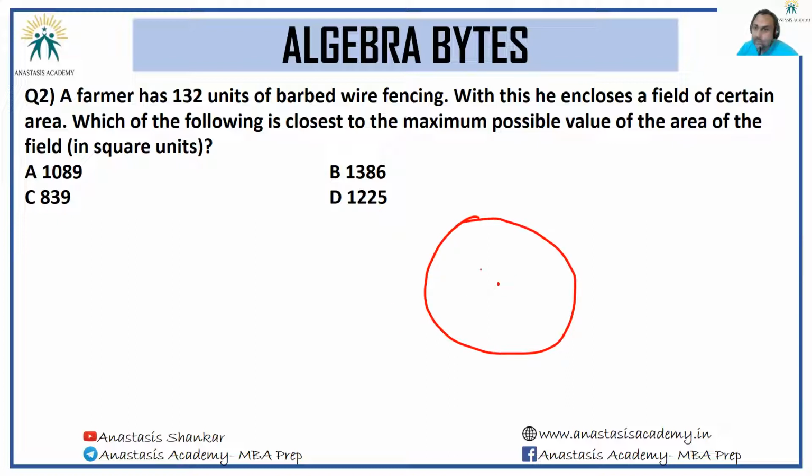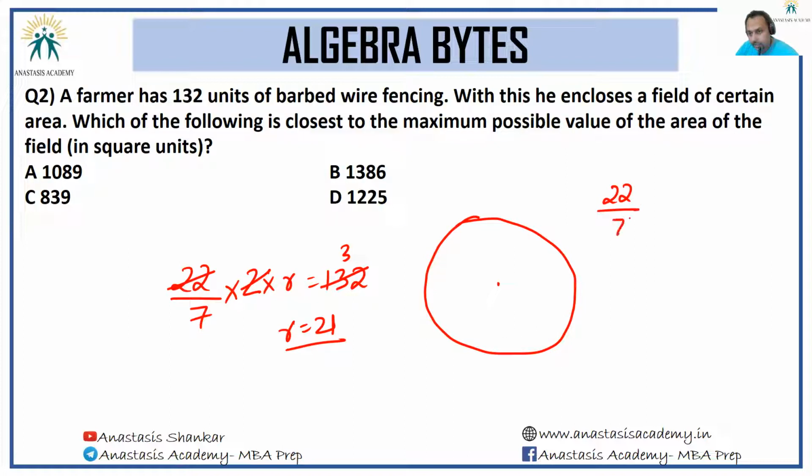So if 132 is given to me, 22 by 7, 2 pi r, so 2 into 22 by 7 into r is equal to 132. Okay, cancel. This also gets cancelled. This gives me 3. So r should be equal to 21. If r is indeed equal to 21, we are looking at area now. So area should be 22 by 7 into 21 into 21.